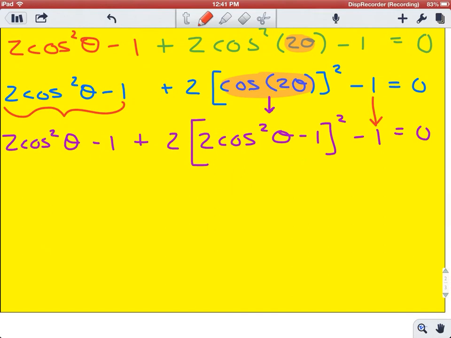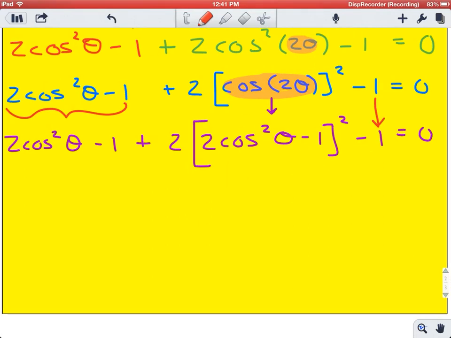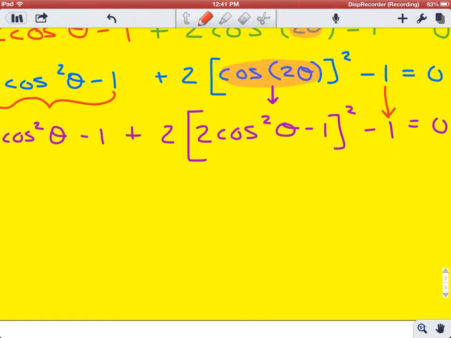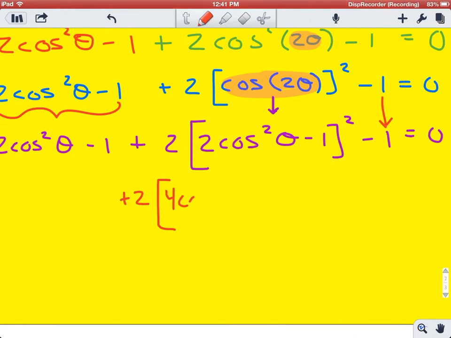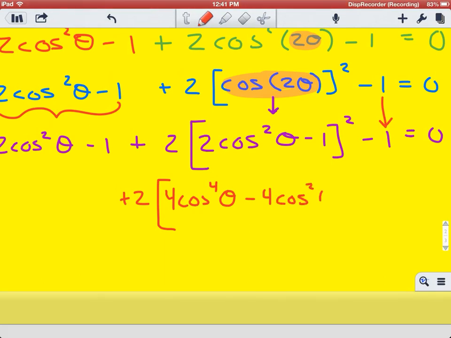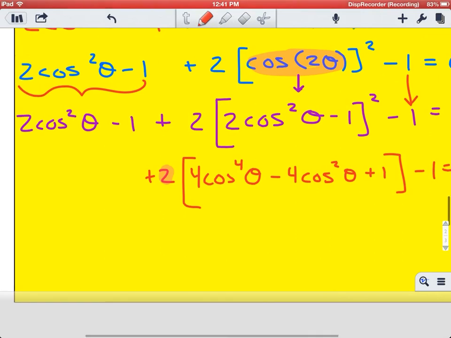I'm actually going to FOIL this out, and so we're going to start writing a little bit smaller because we're going to run out of room here. So this is going to be 4 cosine to the 4th theta minus 4 cosine squared of theta plus 1. I don't have the squared anymore, but I still have the bracket because I've got this 2 that I'm going to need to eventually distribute.